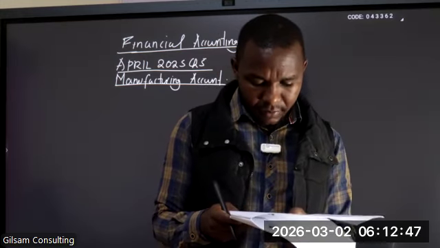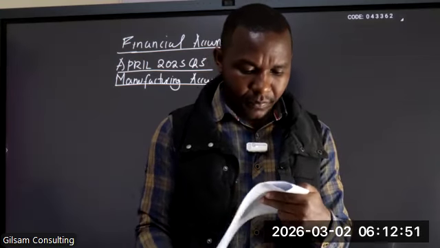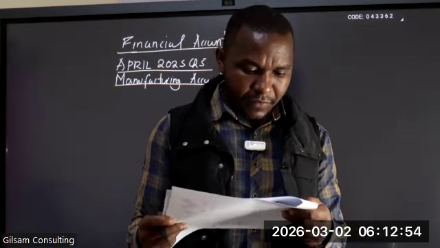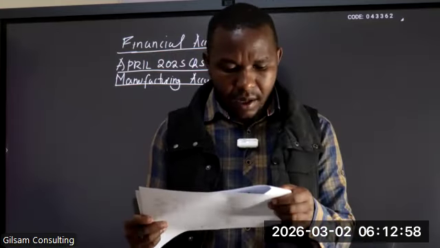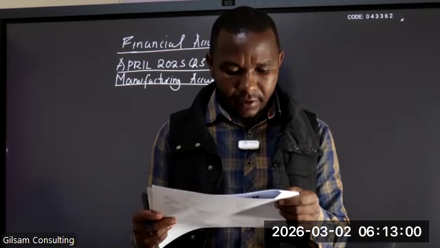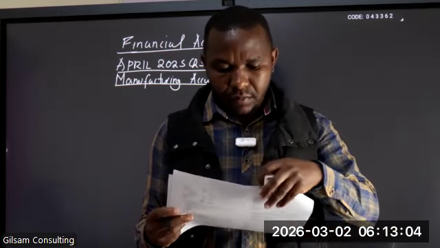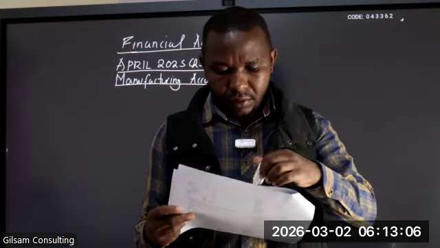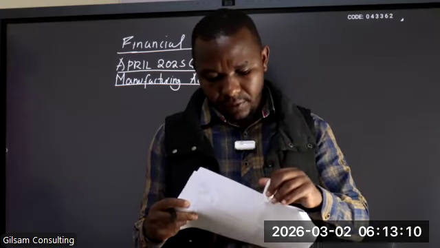Net book value, motor vehicle also in net book value, office equipment, net book value, plant and machinery, net book value, allowance for credit loss, that is a provision for credit loss, or the provision for the allowance for doubtful debts.